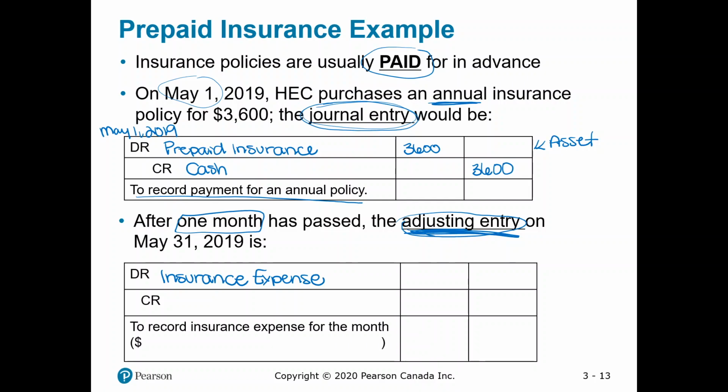And our credit will be to prepaid insurance, because we also need to decrease that asset we set up, because we've used up a month of this benefit. We know that it was $3,600 for the full year. So we're going to divide that by 12 months and we get $300 per month. That will be the amount that we book in our entry, because we are doing this at the end of just that first month.